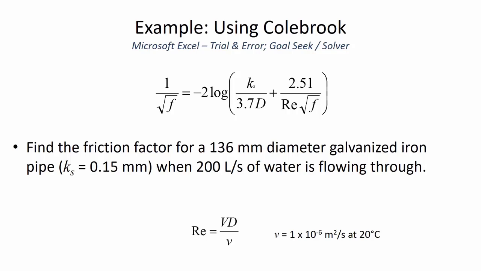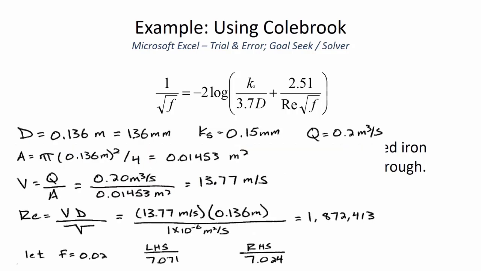So for instance, if I had F is 0.02 as my first guess, is that the right F value? I'd substitute that into the left-hand side of the equation. So I would put that guess of 0.02 down here in the denominator under that square root. And the left-hand side would turn out to be 7.071.